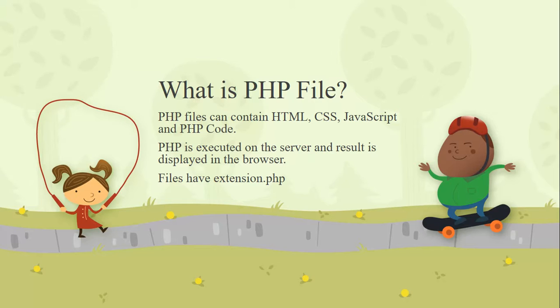PHP is executed on the server and the result is displayed in the browser as plain HTML. So whatever code we run on the server using PHP, the result of it is displayed on the browser as HTML but not as PHP. So the user or anybody who is accessing the result will not be able to know what the code is all about.